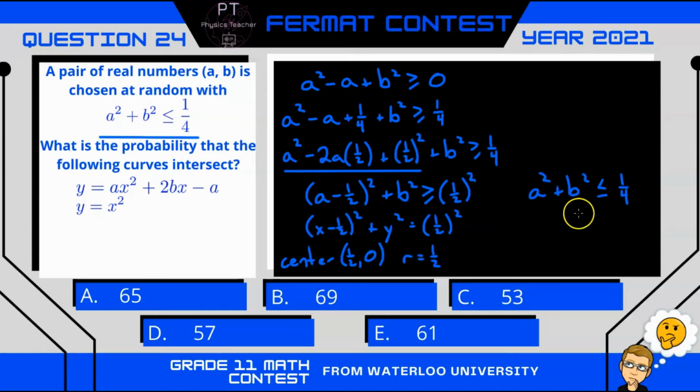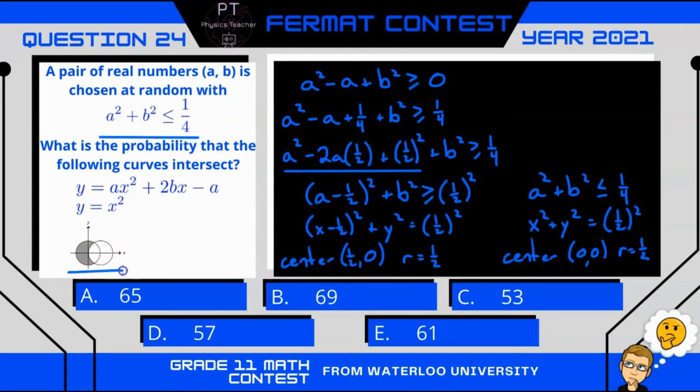This one over here, if I rewrite it as x squared plus y squared is equal to, and again, instead of a quarter, I can write that as 1/2 squared. So this one represents a circle with the center at (0, 0), with the exact same radius of 1/2. If I were to plot these circles, it would look like this over here.